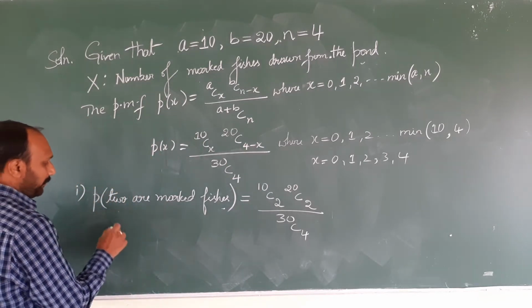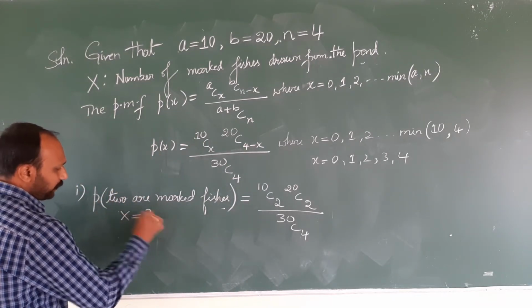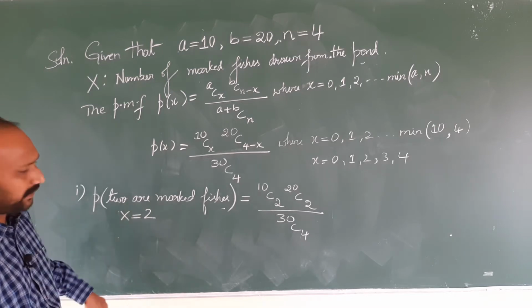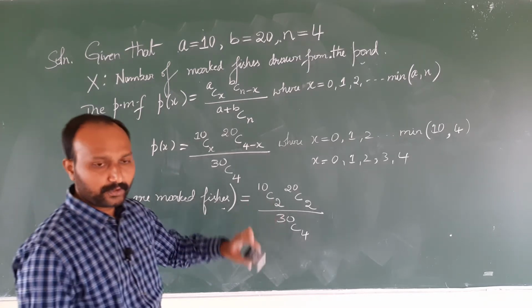Here the probability we are finding, x will take exactly 2, not less than or greater than 2. That is why we will be going with this version.